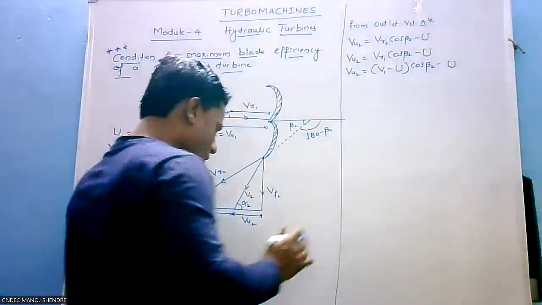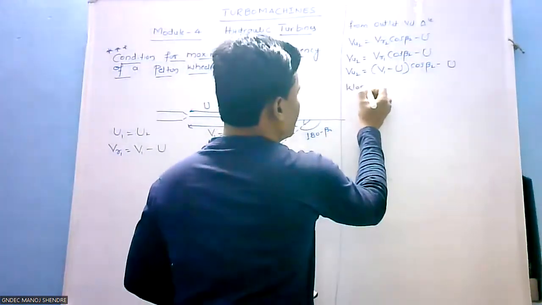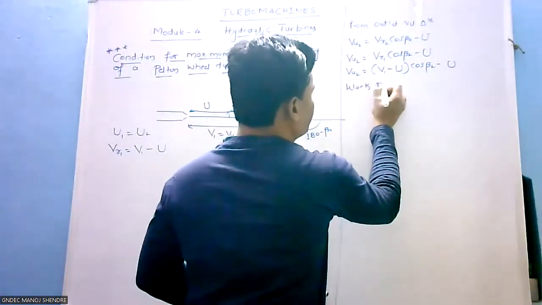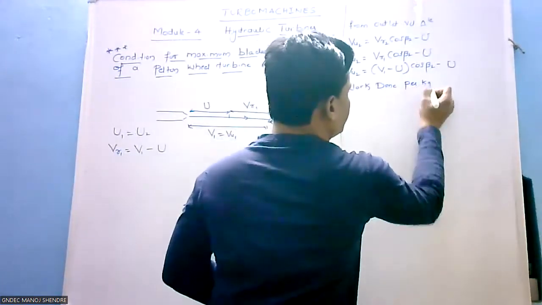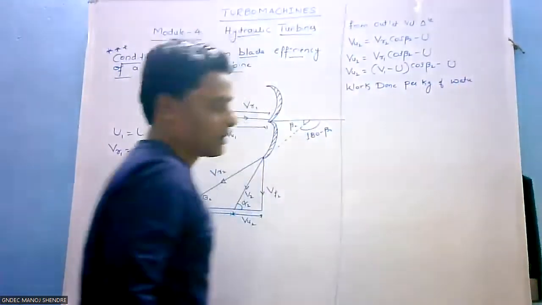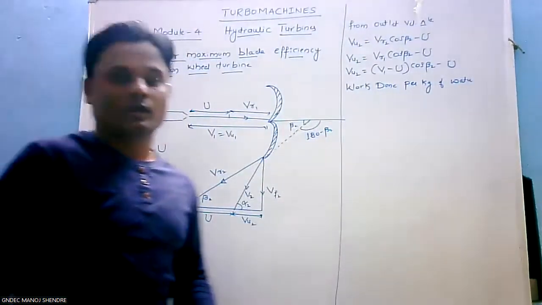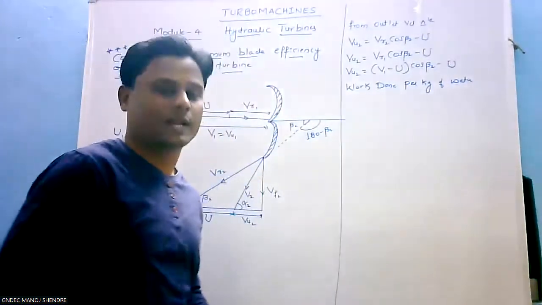Here you can write work done per kg of water. In module number 2, we have seen the work done equation, that is Euler's turbine equation.